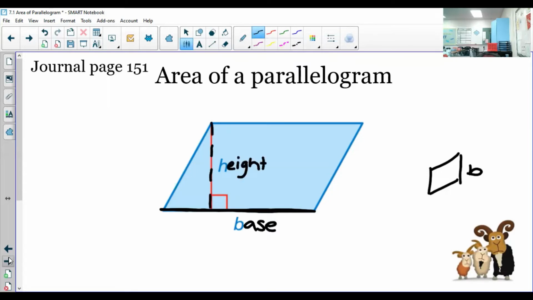And even if it's flipped on its side, like my little drawing over here, that would be the height. So the height doesn't always have to be vertical and the base doesn't always have to be horizontal. They can go either direction, but we're still going to use area equals base times height. Okay, and when we use area, we always write it with a capital A.